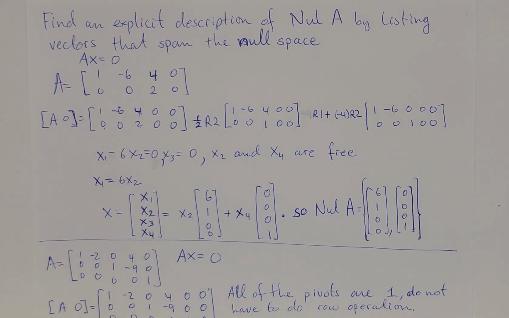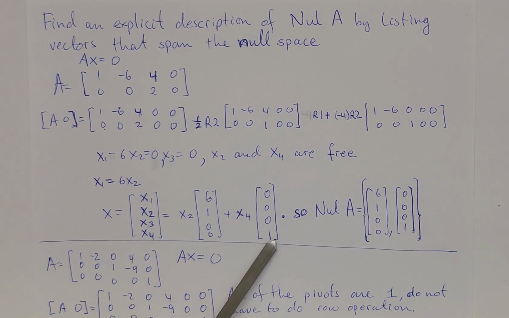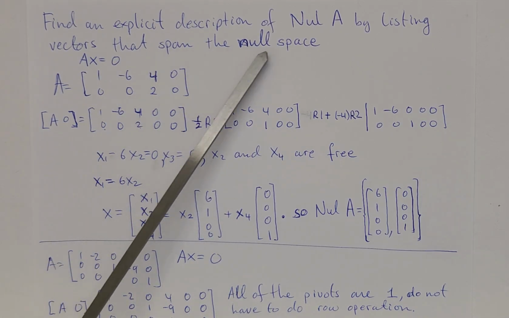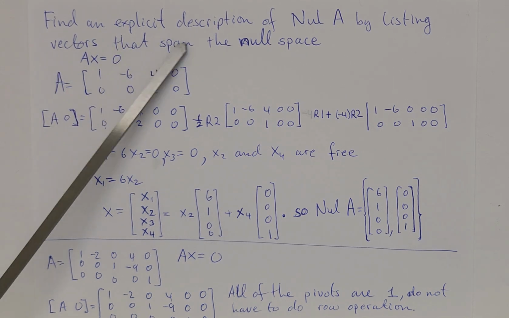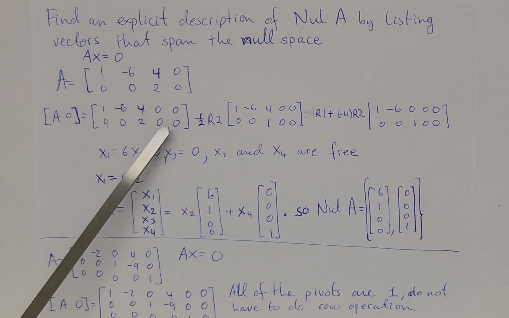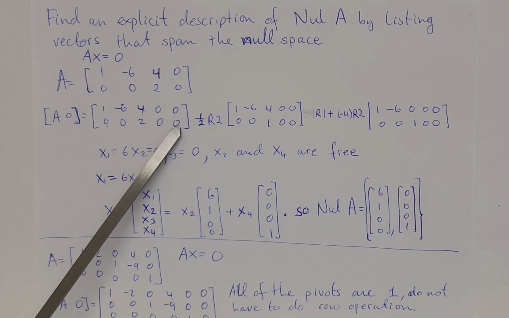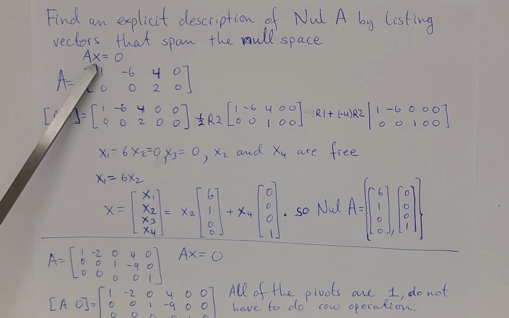When we are looking for the vectors that span the null space, we need to put an extra column of 0 so that we can solve for x.